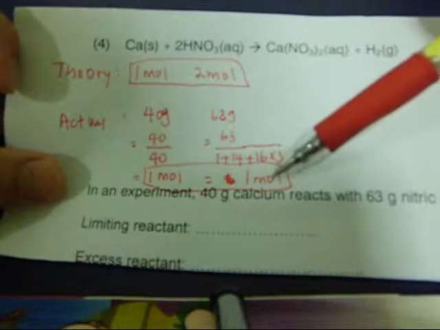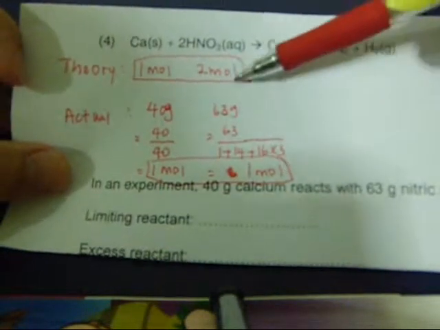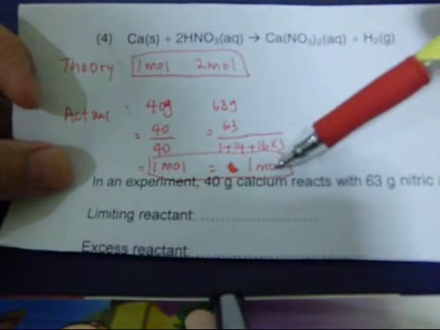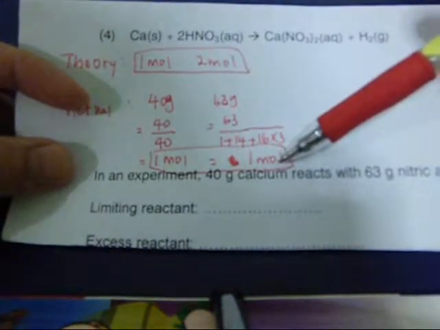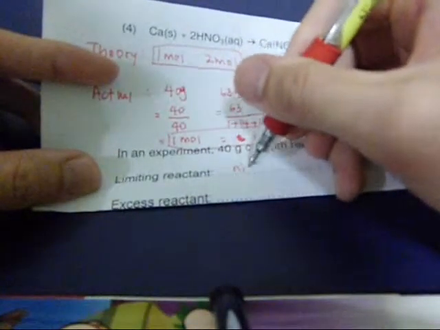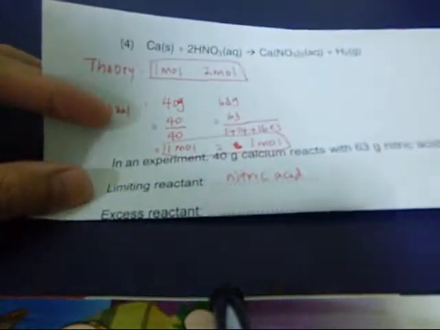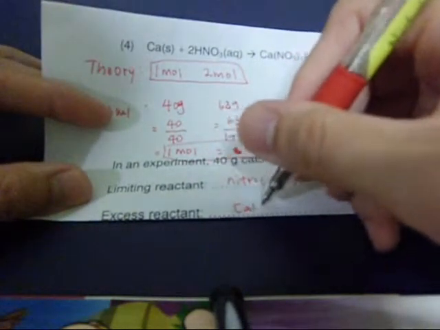When the number of mole of nitric acid is less than required in the theory, that means your nitric acid is the limiting reactant. So your nitric acid is your limiting reactant, and of course your calcium would be the excess.